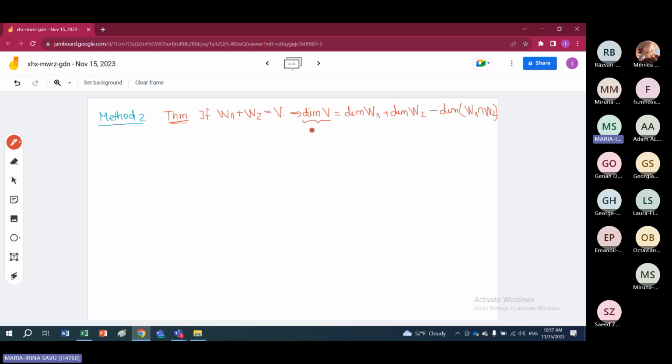And here, the dimension of V is actually equal to the dimension of W1 plus W2. Okay, so the dimension of a sum is given by this expression. This is the idea.